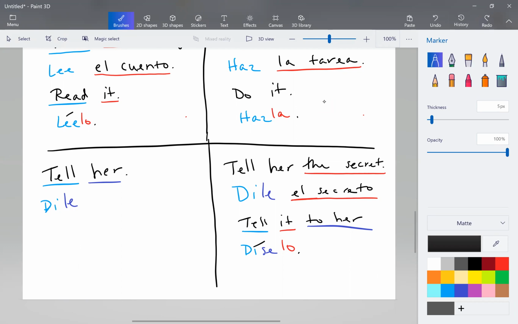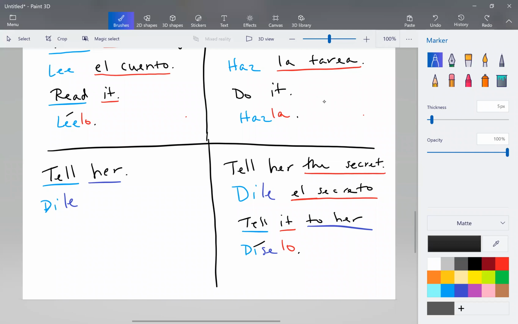All right. So your assignment for today is a Google form, nice and simple, where you have to look at an infinitive verb in a sentence and put it into the tú command.